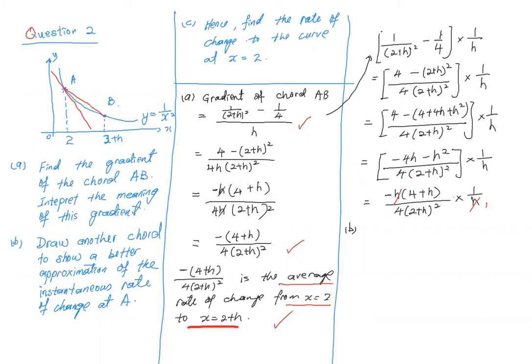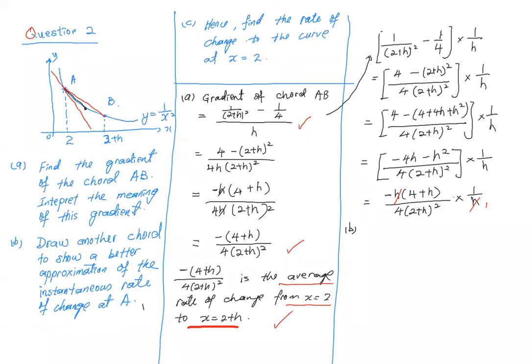I always use point A as my reference. So this will be a better approximation. Just any point between point A and point B. If you want to draw the other side, also can, up to you. That one you will get 1 mark. Are you clear?